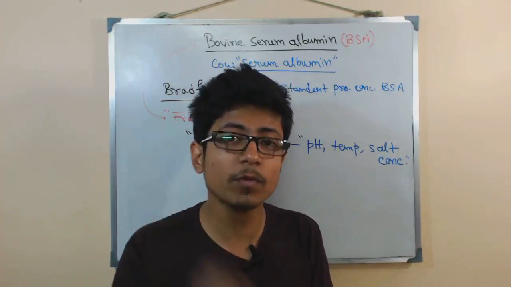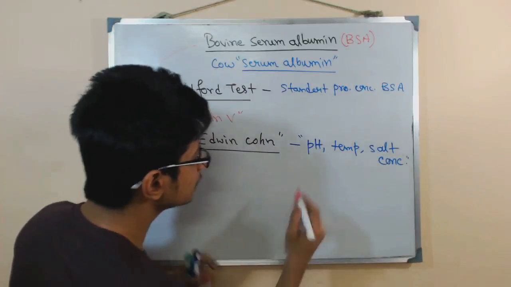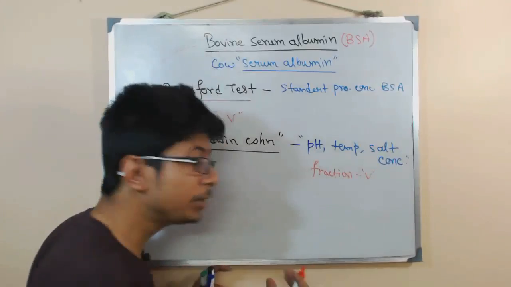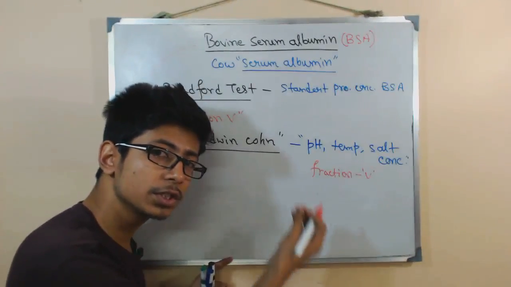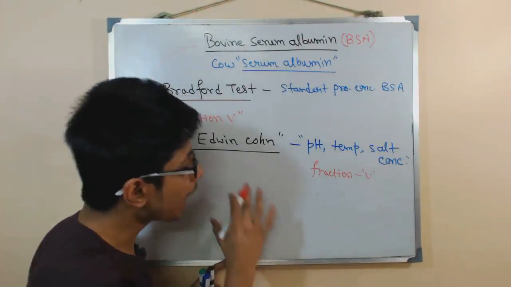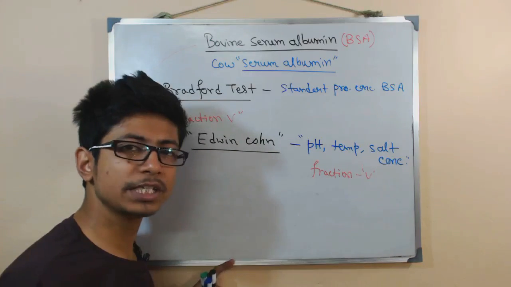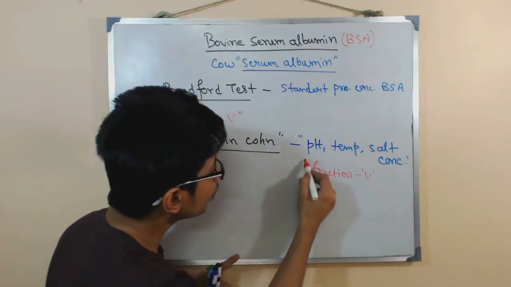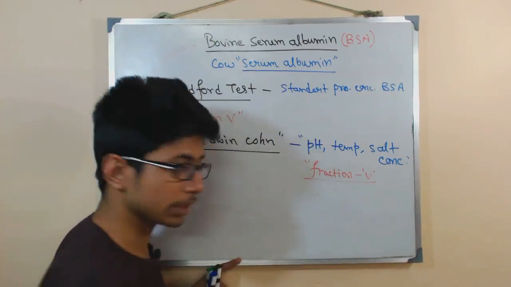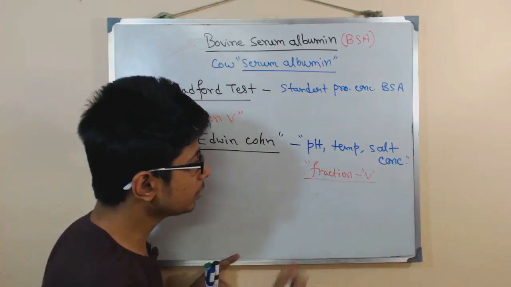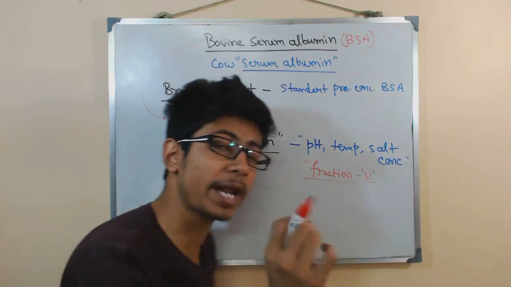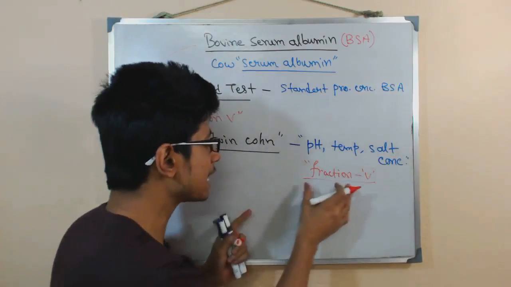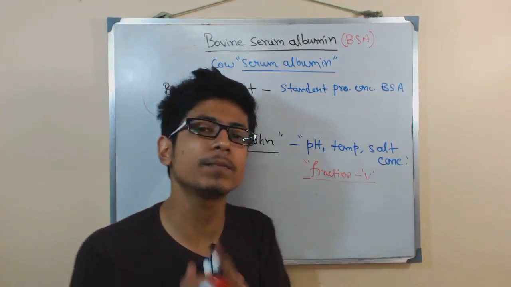Ultimately the separation of protein is based on column chromatography, and he got this protein at fraction number 5, the fifth fraction during the elution process. That's why it is also known as fraction V or fraction 5 protein.